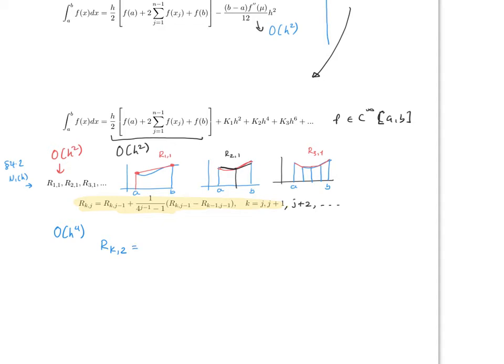Therefore, you could get Rk2 using the formula Rk1 plus 1 over 3, and you should check that these are the values we get from here by substituting j equals 2.